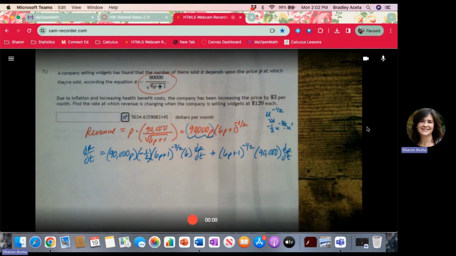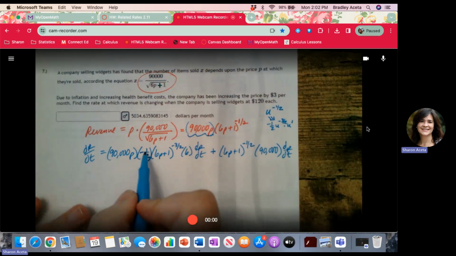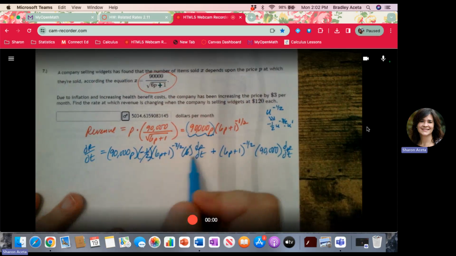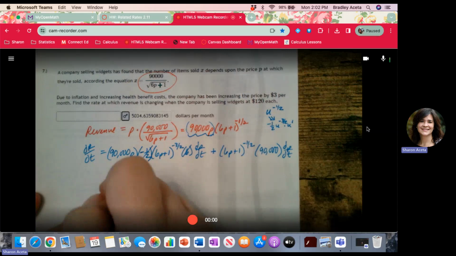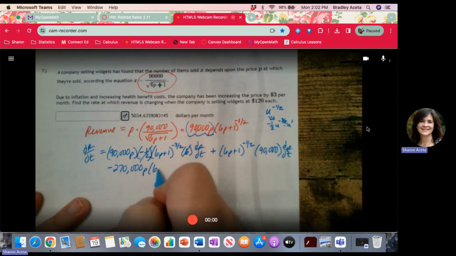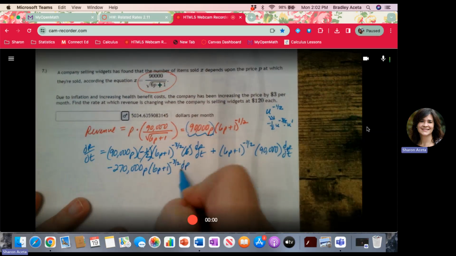Okay, now I like to clean this up. This is not looking particularly fun for me. You don't have to, because you can put it all in a calculator, but negative 1/2 times 6 is negative 3. And negative 3 times 90,000 is negative 270,000 P. So I'm going to write it like that, and then put 6P plus 1 to the negative 3/2, and then dp dt.